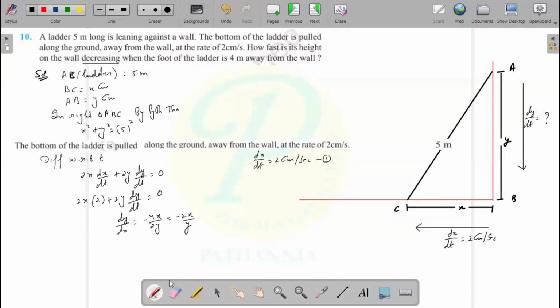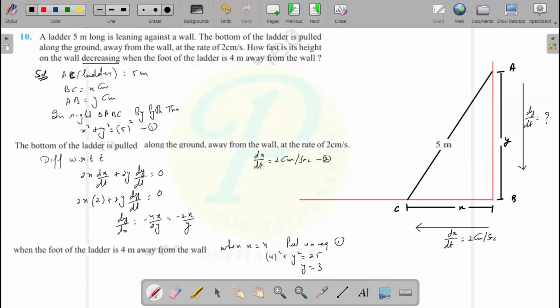He says when the foot of the ladder is 4 meter away, it means he is going to say that when x is 4, but here you have 2 variables, so put in equation first, y variable भी चाहिए आपको। So x square plus y square is equal to 25, y is equal to 3.